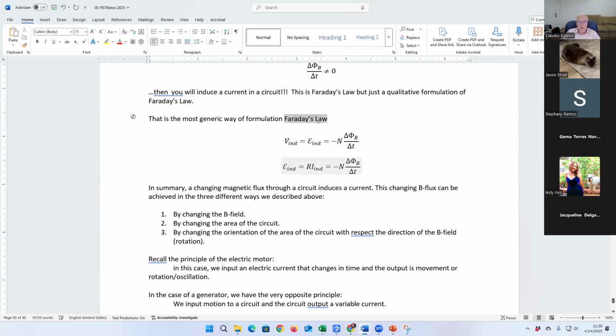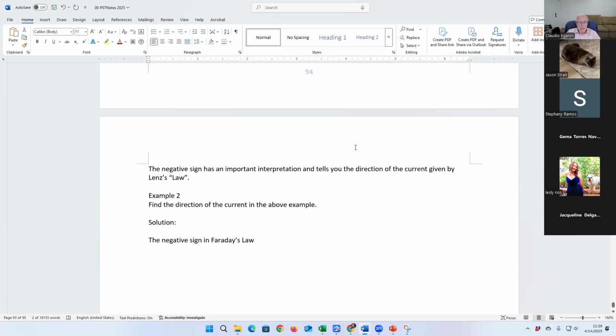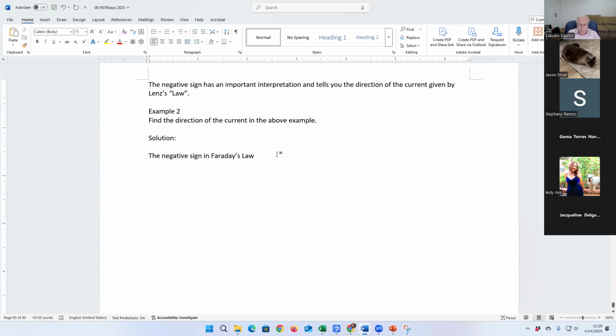The negative sign in Faraday's law tells you the direction of the current. And how do we interpret that? We interpret that in the following way.